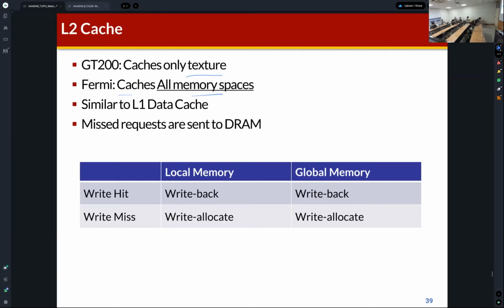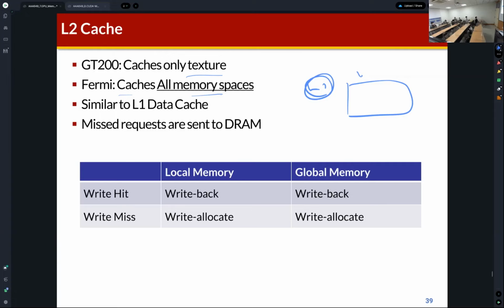So currently the L2 cache caches all data spaces, and recently the modern GPU architecture like the RTX 4090 has a very large cache. It is reported that the RTX 4090 has a very large cache.